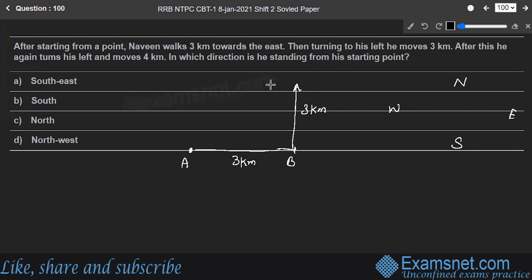After this, he again turns to the left and walks 4 kilometers now. And he reaches this. In which direction is he standing from his starting point? So this was the starting point. He is, of course, pointing towards the west. West is not in the options. Yes, this is northwest as well. This direction is northwest as well. So we have option D as the answer.